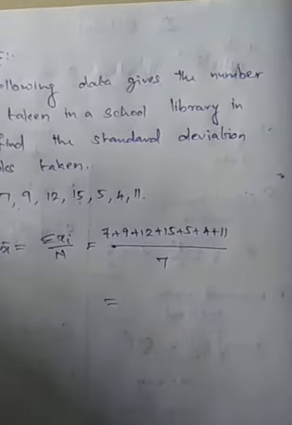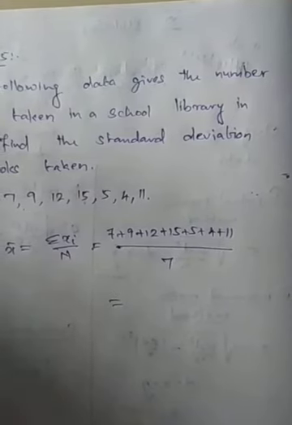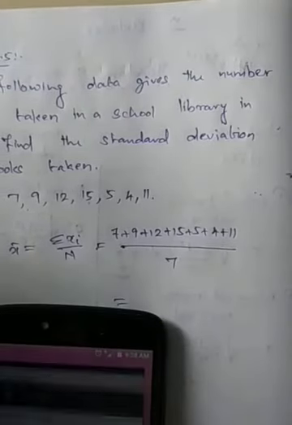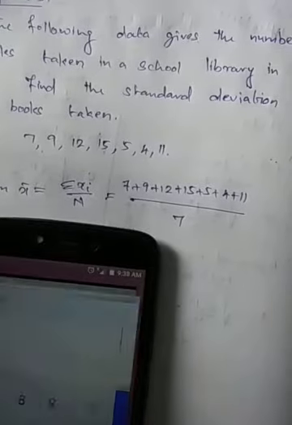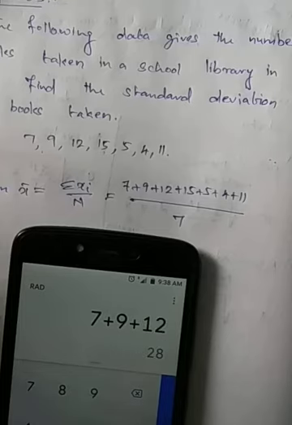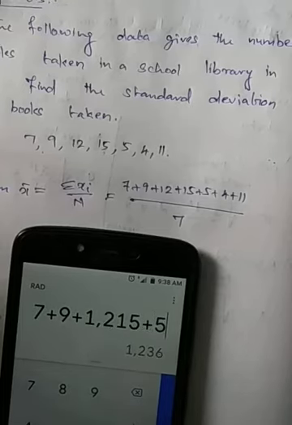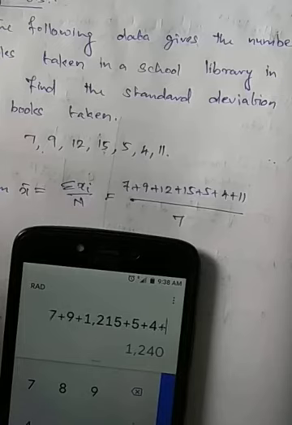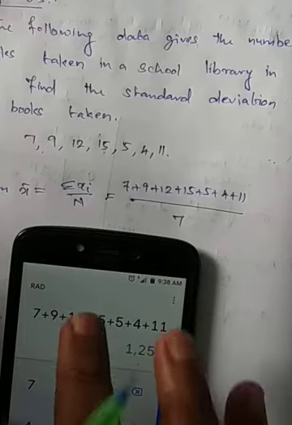Okay, let me add these data now. I'm using a calculator. You also can use a calculator, not an issue at all. 7 plus 9 plus 12 plus 15 plus 5 plus 4 plus 11. Somewhere I have made a mistake here.